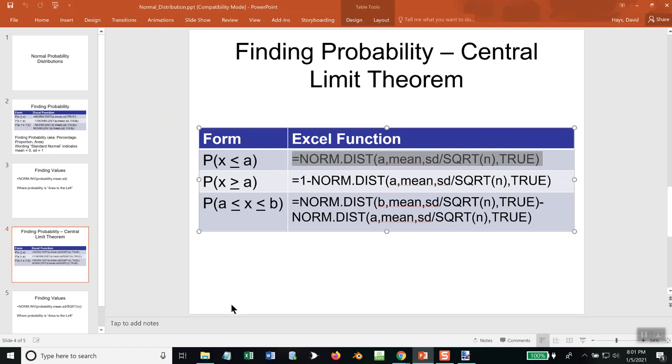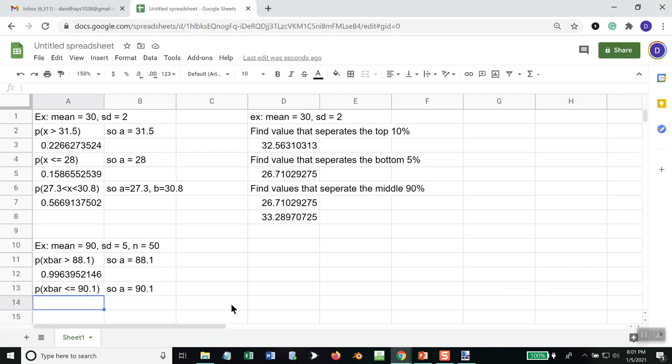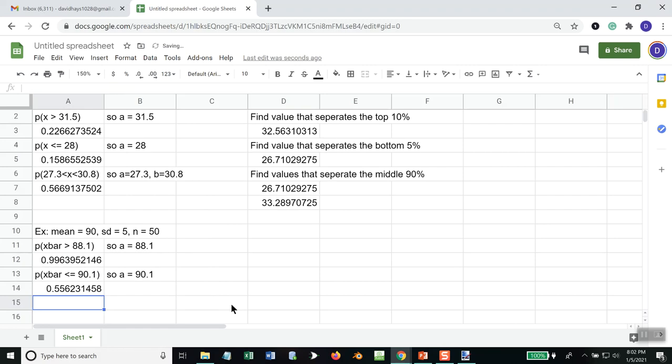So equals norm.dist A, which is 90.1, comma, mean, which is 90, comma, standard deviation, which is 5, divided by the square root of n, which is 50, and true. Did I put everything right here? 90, okay.